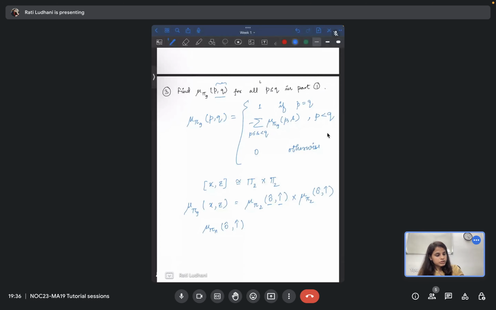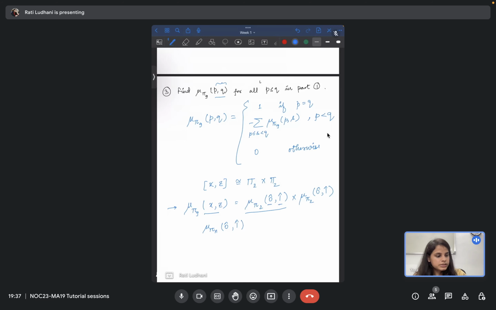This has also been proved in terms of the general values: the Mobius function of a poset, if P is equal to P1 cross P2, is the product, and you can take the values of mu in the same way.